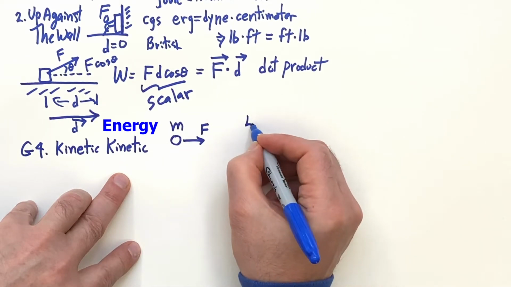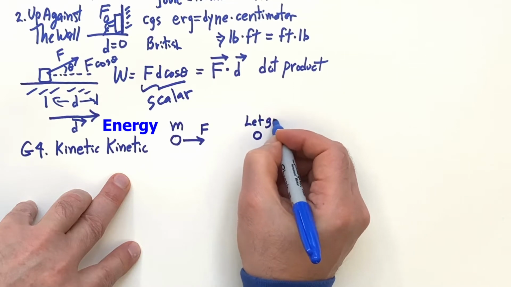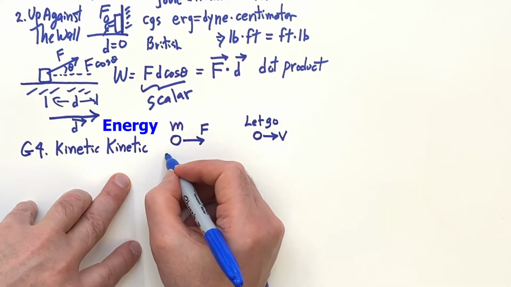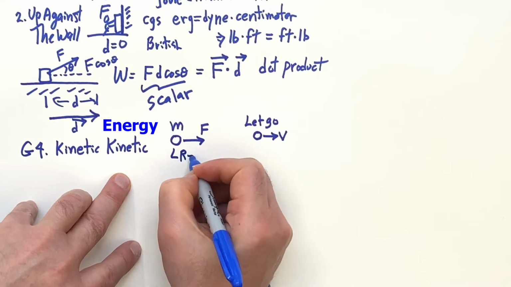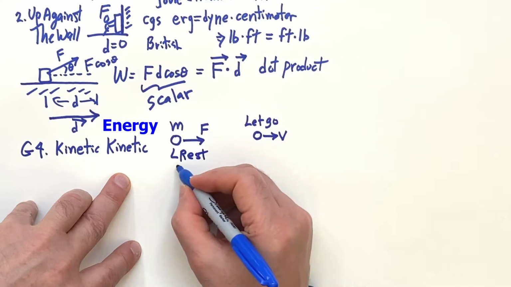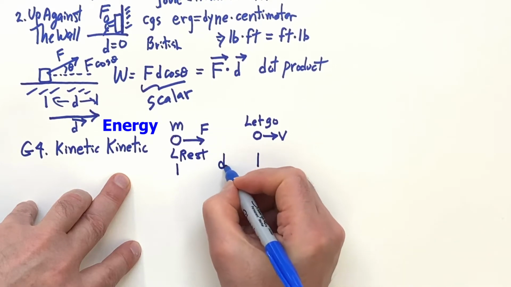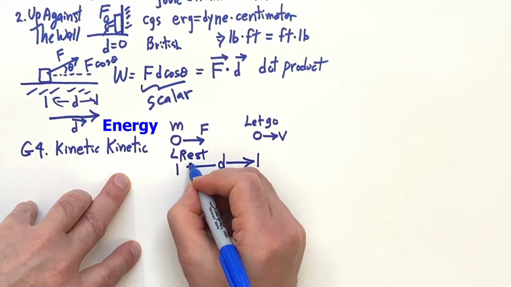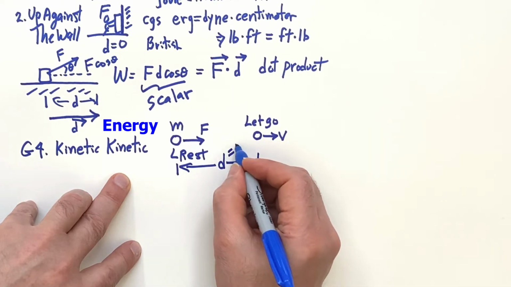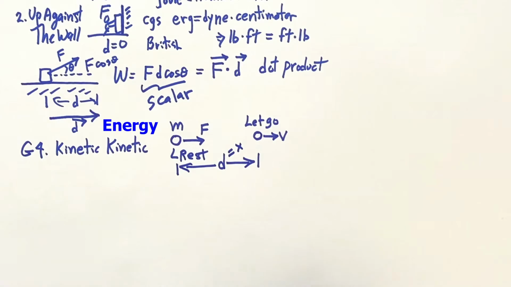And then we will let it go, and it will be traveling with some velocity v. So say here at the beginning, say it's at rest, we apply a force for a certain distance, d, which I'm going to go ahead and call x, and then we let go.